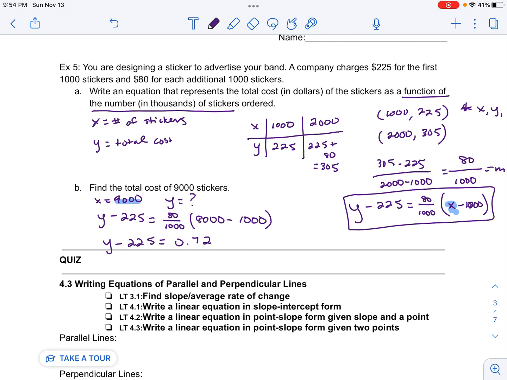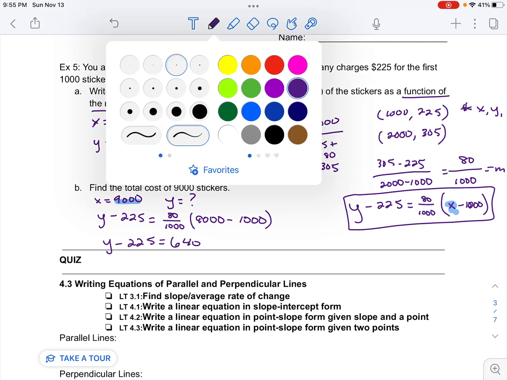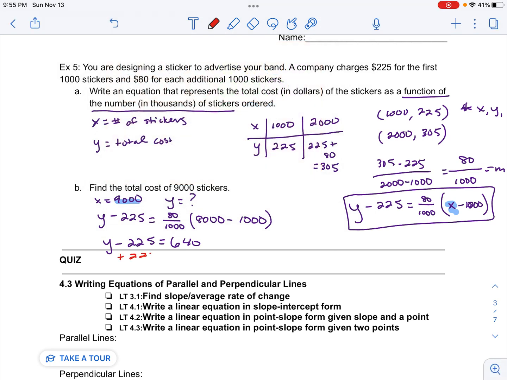That makes a little bit more sense. And then we will add over that 225.